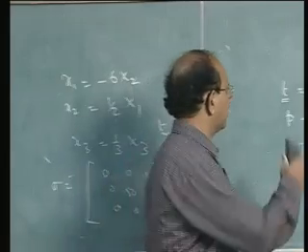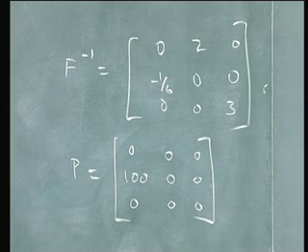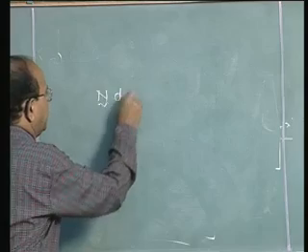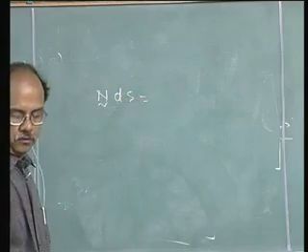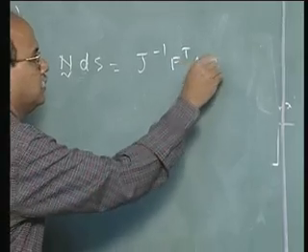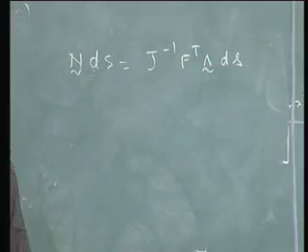Nanson's formula. Just calculate what is capital N. So n ds is equal to J inverse F transpose N ds.